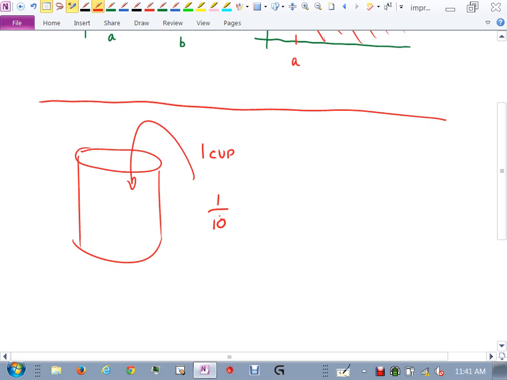Let's make it beer. And then I come back, and I have a way of pouring in 1/100th of a cup. And then I pour in 1/1000th of a cup. And then I pour in 1/10,000th of a cup. The question becomes, do I fill the cup up if I keep doing this forever?